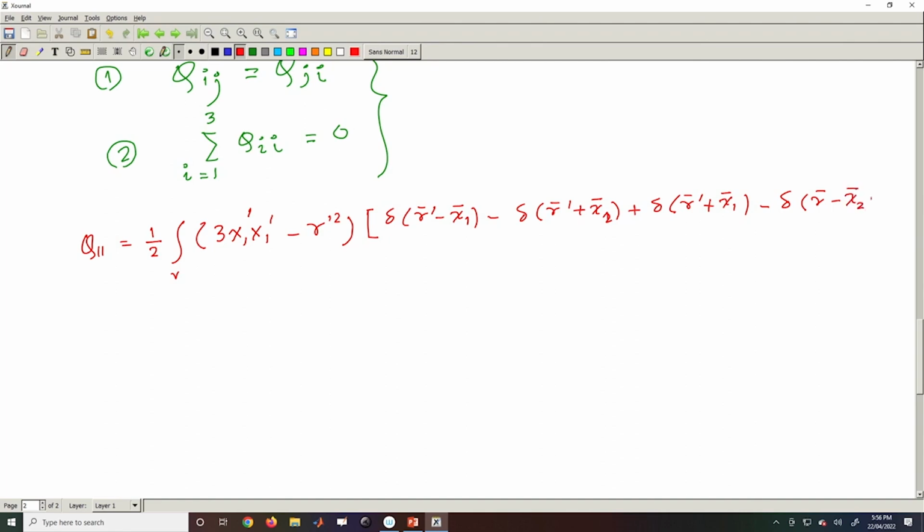How chi 1 and chi 2 are defined I already mentioned, and with a q term sitting here, over multiplication over dv prime.